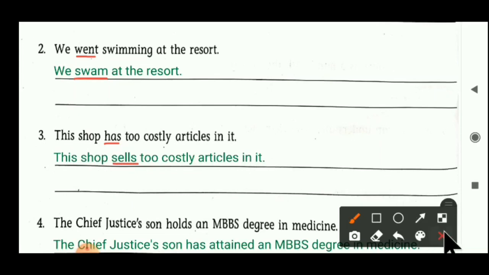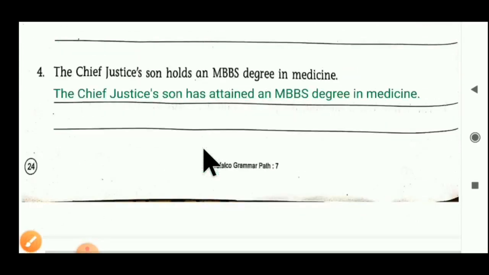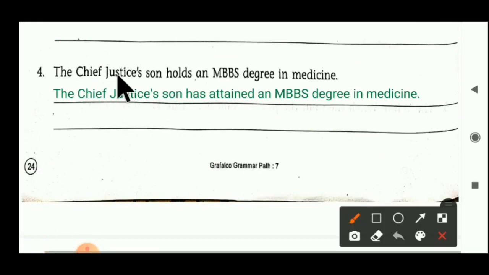Understand? Now the fourth one we have to do. Fourth sentence: The Chief Justice's son holds an MBBS degree in medicine. Which is the verb here? Can you find out? Yes, holds is the verb here.